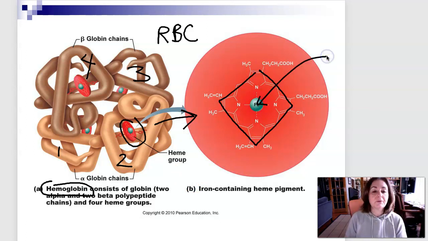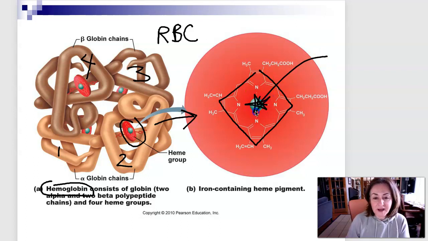When oxygen goes into the blood, 98.5% of it binds to hemoglobin, and it binds right to that iron atom, which means that one hemoglobin molecule could transport up to 4 molecules of oxygen. And so what the oxygen hemoglobin dissociation curve does is it just looks at this dynamic.